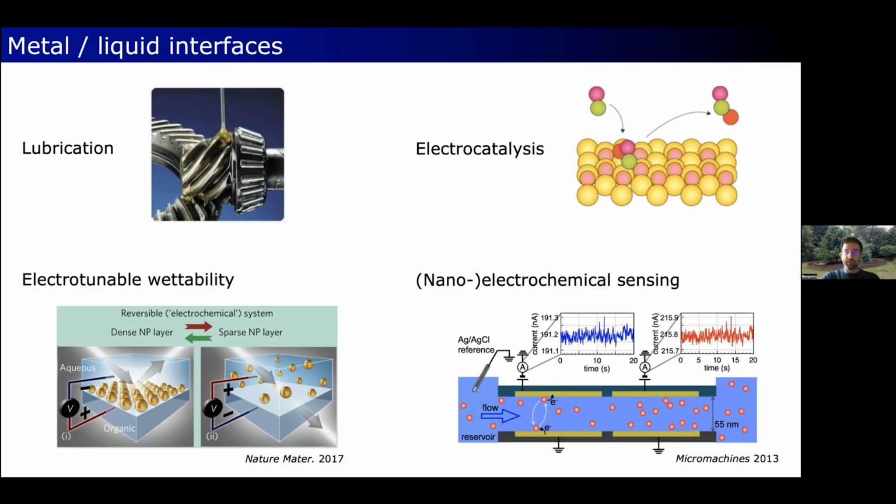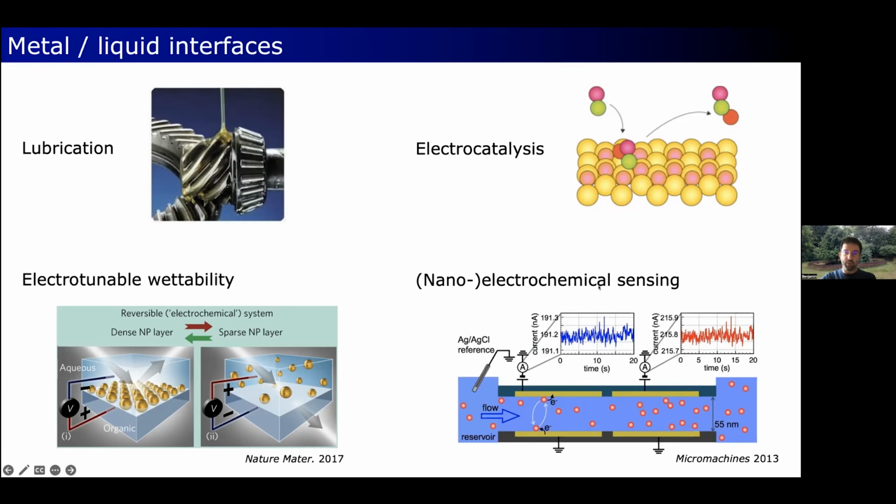Of course, electrodes can act like electron reservoirs to perform reactions at the surface. This is the field of electrocatalysis. I'm not going to say too much about that, but it is a huge and very important field, and also very interesting from the fundamental point of view.